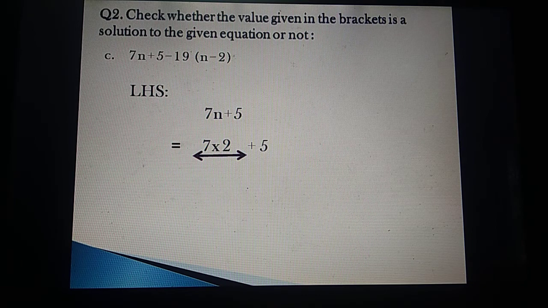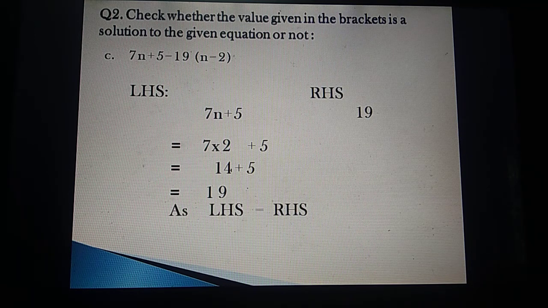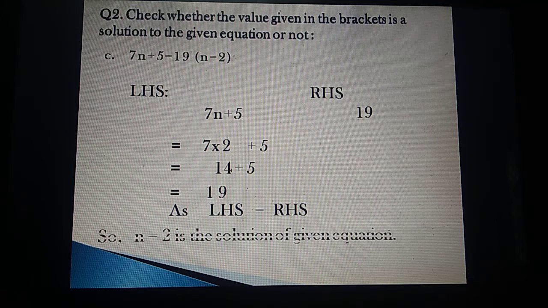Solve. We will get 14 plus 5. Solve them. You will get 19. Yes, RHS is also 19. Both LHS and RHS are equal. So n equals to 2 is the solution of the given equation.